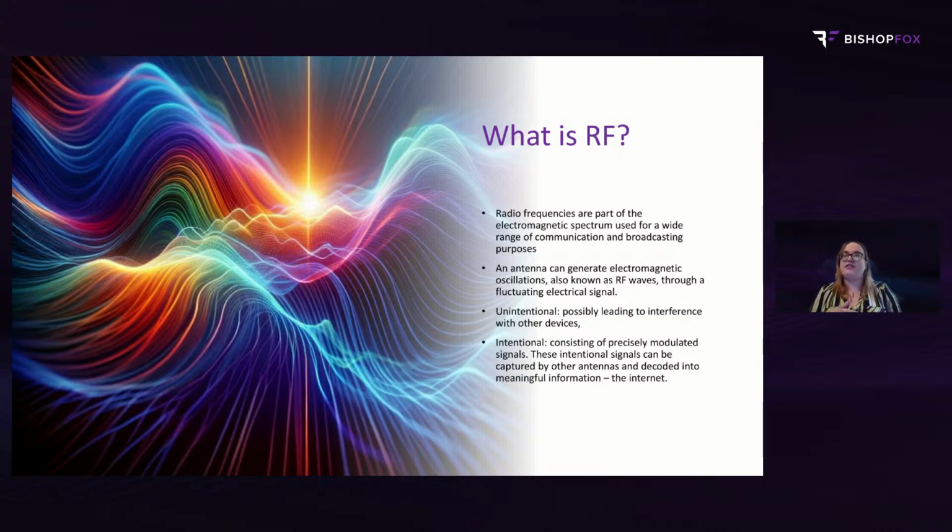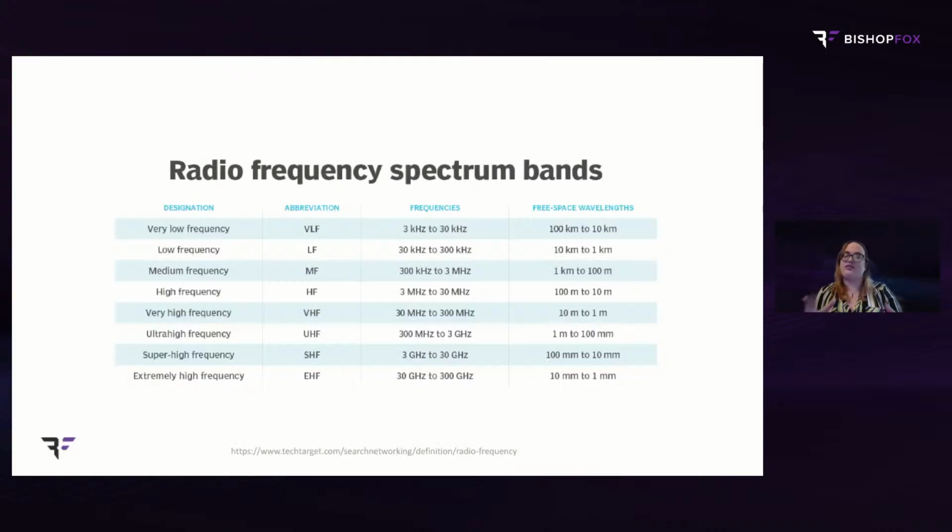There are many different bands of the radio frequencies. So these are the different spectrum bands, and we'll go into which devices fall within which spectrum and how that looks in a little bit. But we have a range from very low frequency all the way to extremely high frequency.